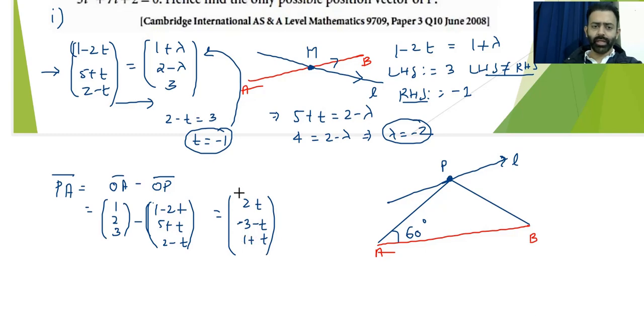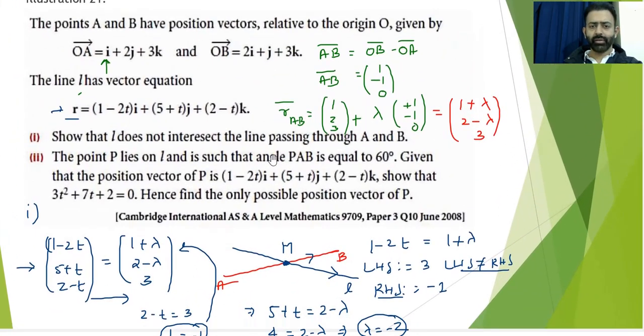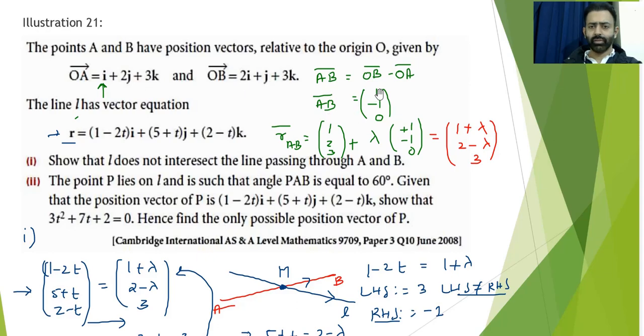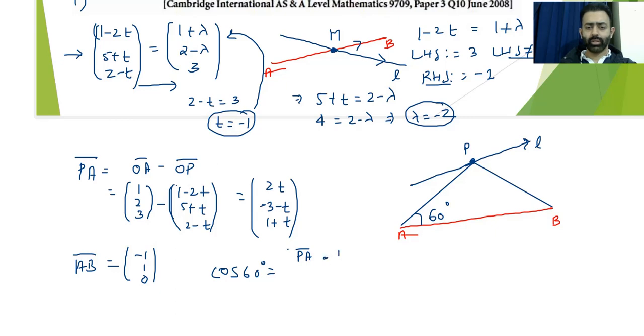This is your PA vector, right? And the AB vector is given by the line joining A and B, and the AB vector is 1, minus 1, and 0. We have already calculated the AB vector. So cos 60 is PA dot AB over mod of PA into mod of AB.